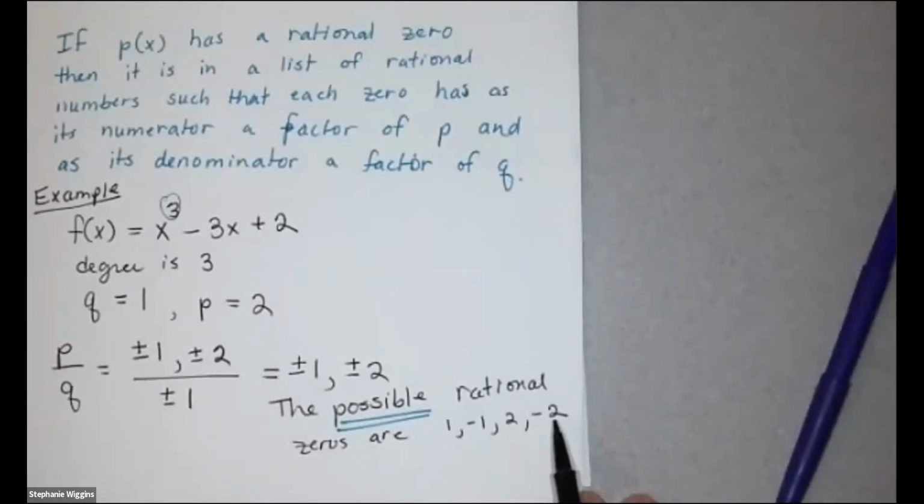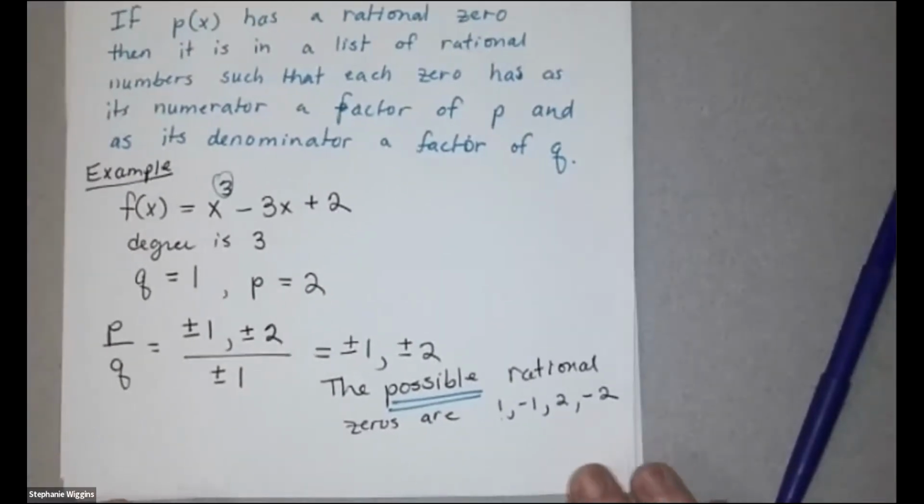You would go through your list and use synthetic division. Now you can see right there, my very first try, I'm going to come up with the right answer because I know that the zeros are negative 2 and 1. So that's sitting right there at the front of my list. But let's pretend I don't know that. So I'm going to proceed and check each one of these.